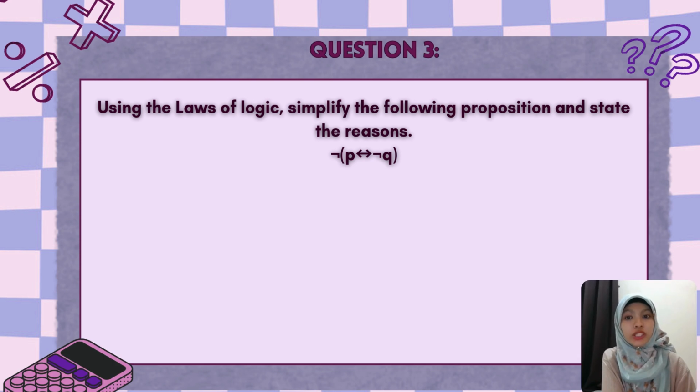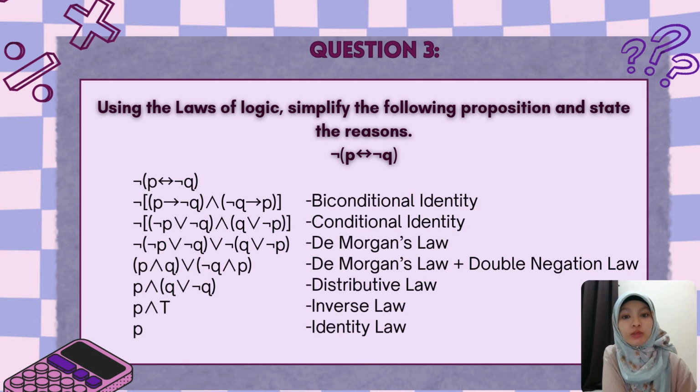Question 3. Using the laws of logic, simplify the following proposition and state the reasons. The question is ¬(P is logically equivalent to ¬Q). I will explain each of these laws after the solution. First, we use biconditional identity, which gives ¬[(P implies ¬Q) and (¬Q implies P)].